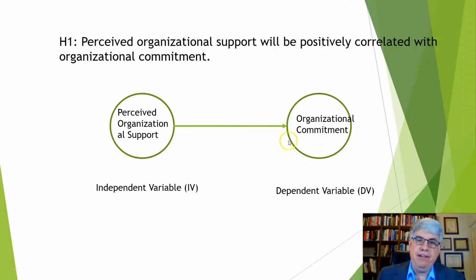So in real life, there's going to be an arrow going that direction too. But in this model, we're going to say that this arrow going towards organizational commitment is probably the biggest factor that defines the relationship between them. So this is a simple way of representing a model with two variables, an independent variable and a dependent variable.